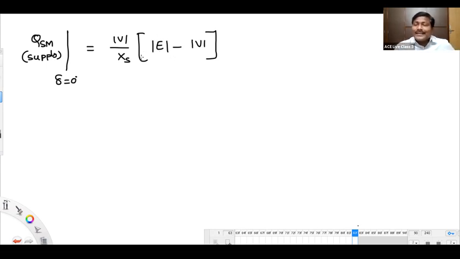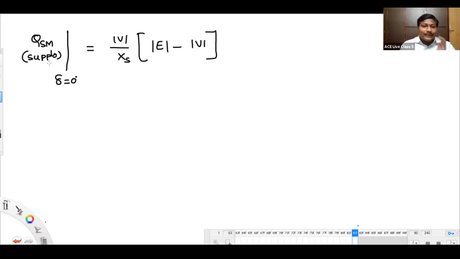Who is going to decide this internal EMF value? The excitation provided for the rotor field winding. For example, with overexcitation, E is more than V. At that time it is positive, meaning this machine is equivalent to a capacitor bank. During the underexcitation stage, it will be equivalent to a reactor bank.